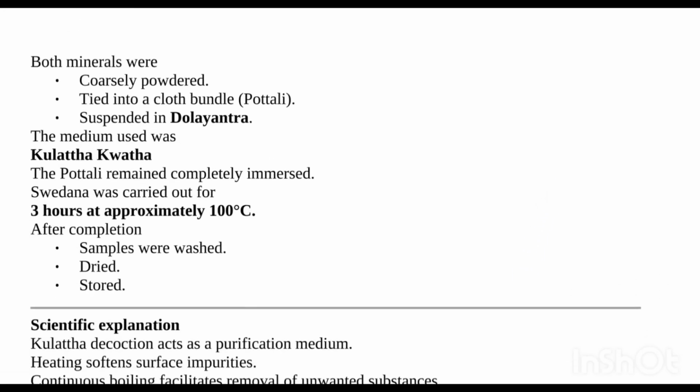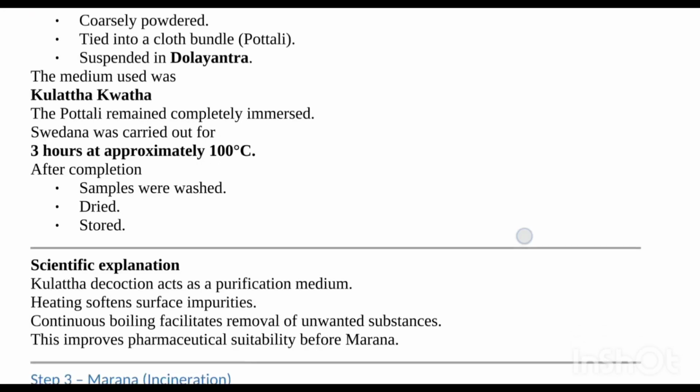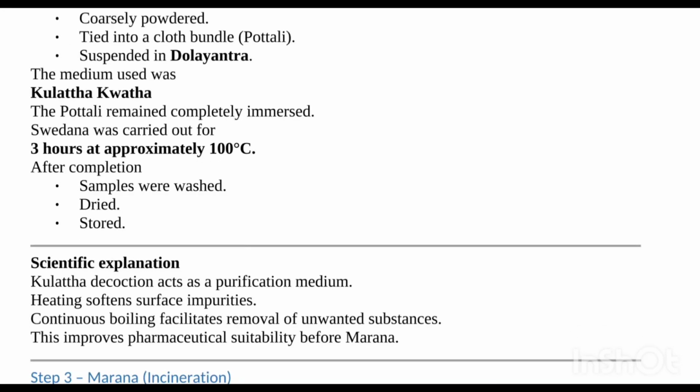In the procedure, both minerals were coarsely powdered, tied into a cloth bundle like a Gajaputa and suspended in Dolayantra. The medium used was Kulattha kwatha. The potali remained completely immersed. Swedana was carried out for 3 hours at approximately 100 degrees Celsius. After completion, samples were washed, dried, and stored.